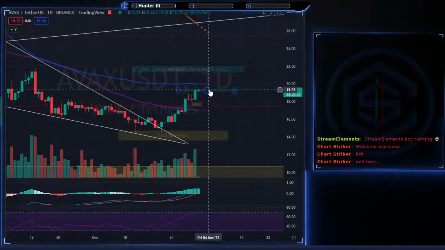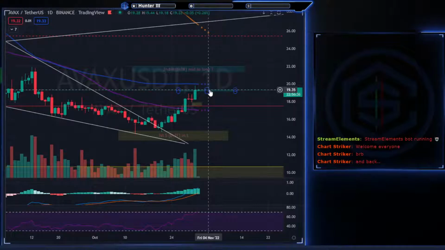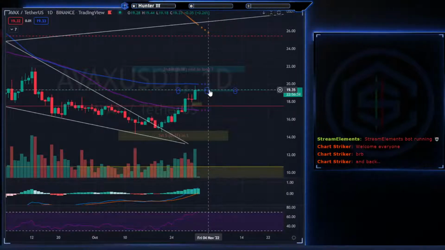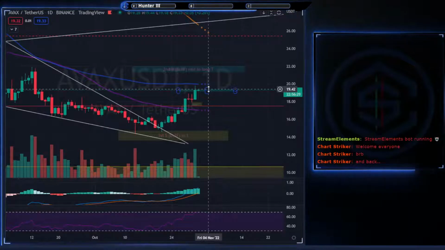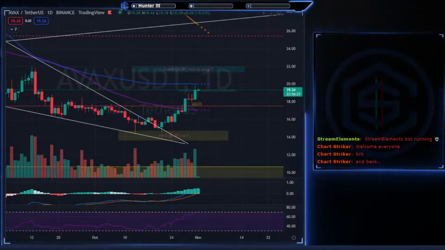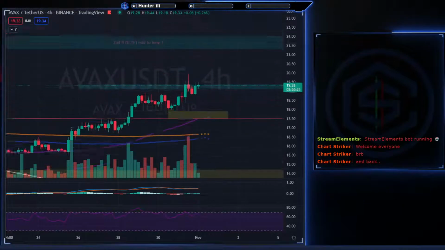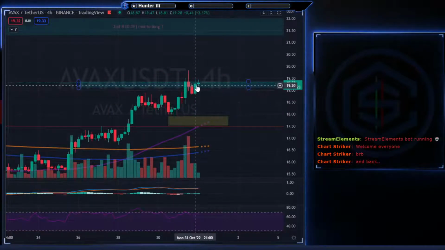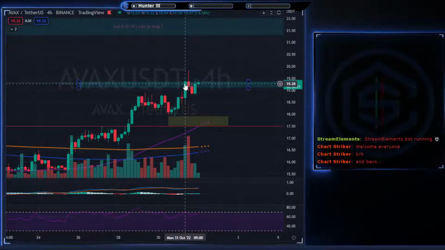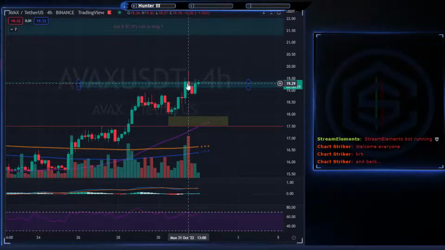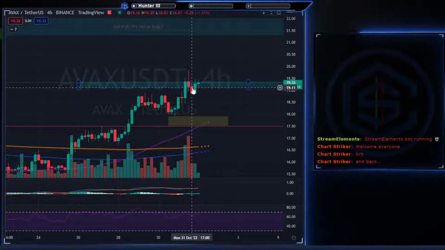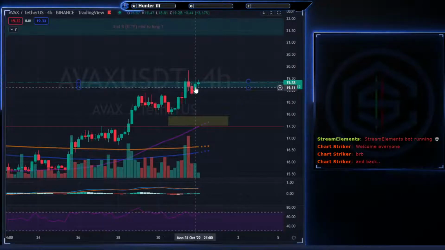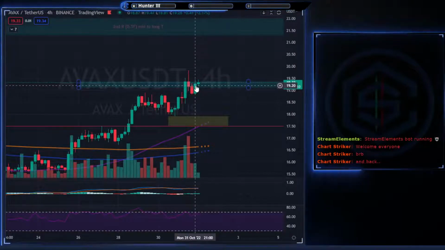And for this mini resistance, on a daily or even 4-hourly, we have to close above, I think I said it in the short video too, 19.5 at least, okay? If you look at these candles, this one closed at 19.36, this one 19.16, this one at 18.87, this one at 19.28.